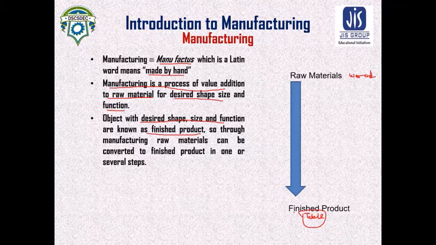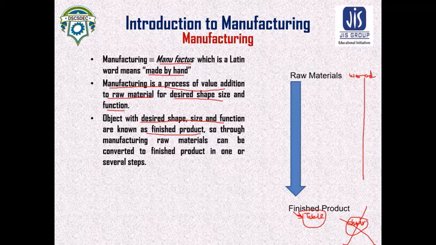But if in the place of a table we get a chair, then the chair is not our desired product. So from wood, if we are getting a chair as a finished product, then there should be a fault in our manufacturing process or in our value addition process.